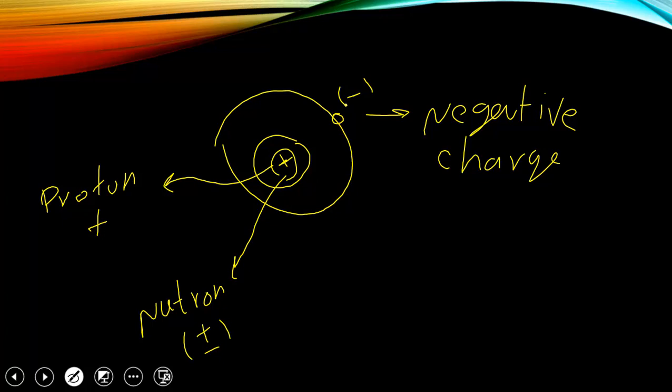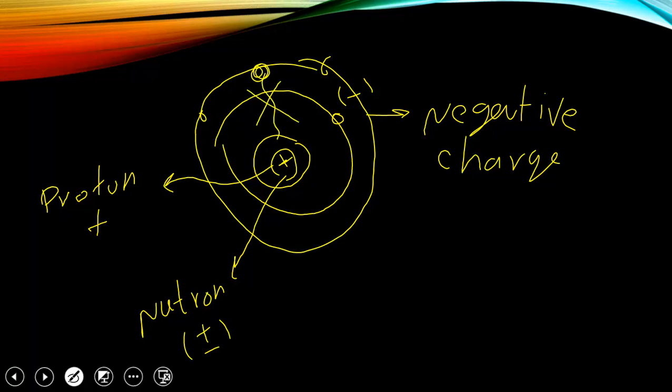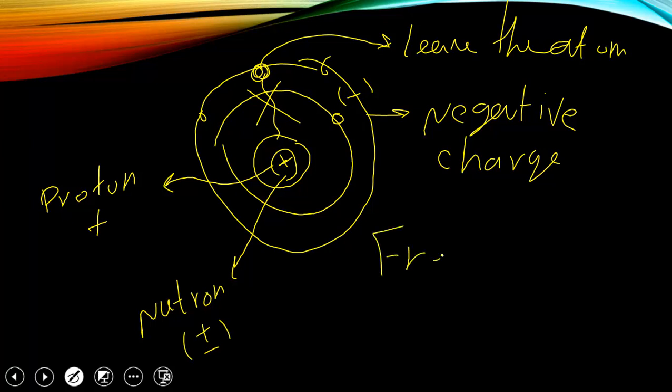So, if the attraction force between the electrons in the outermost energy level and the nucleus vanishes or becomes weak, the electron can leave the atom and become a free electron.